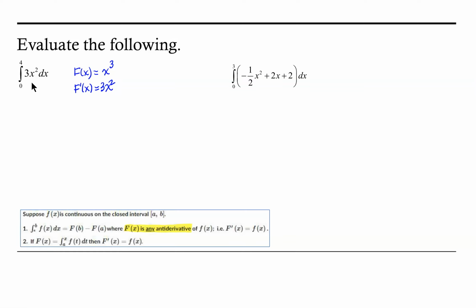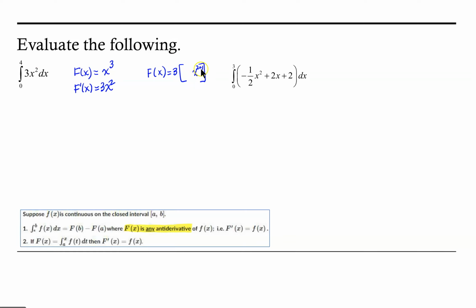So others may think, well, the derivative was found here via the power rule, so I'm going to try to undo the power rule. So they may think of this as f of x, my antiderivative, must be 3 times, and now I'm going to focus my attention on x squared. I know that I took a derivative, and when I did that, I subtracted 1 from the exponent. So I'm going to add 1 back into the exponent.